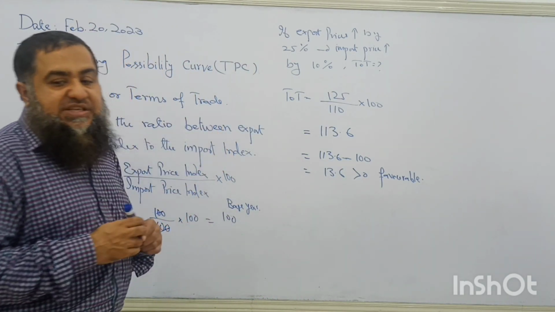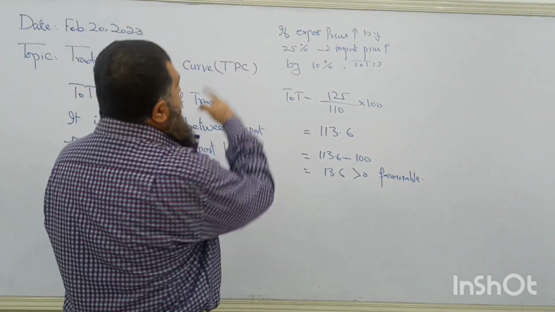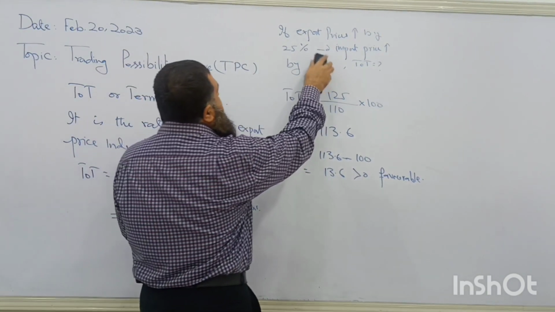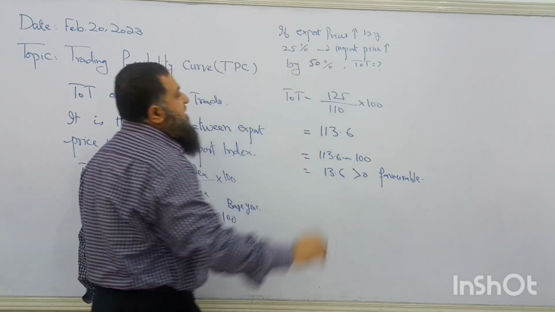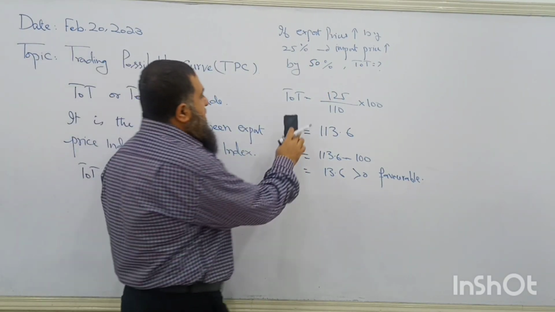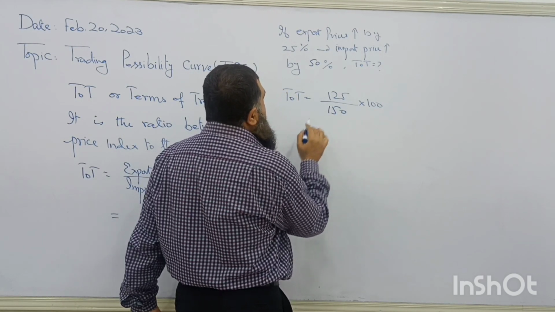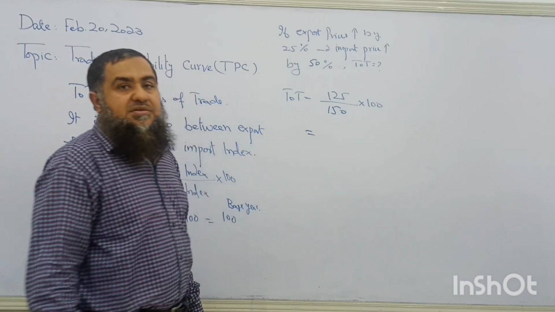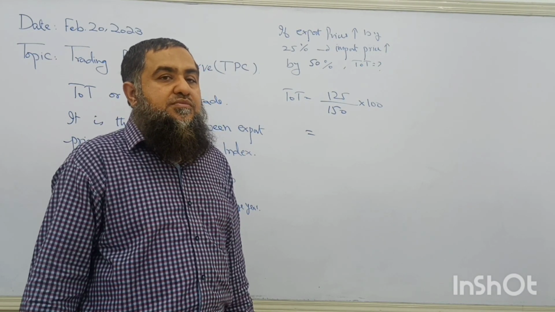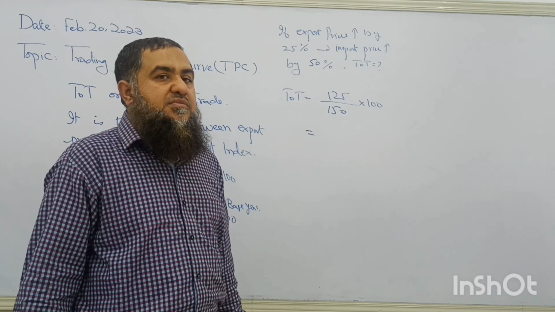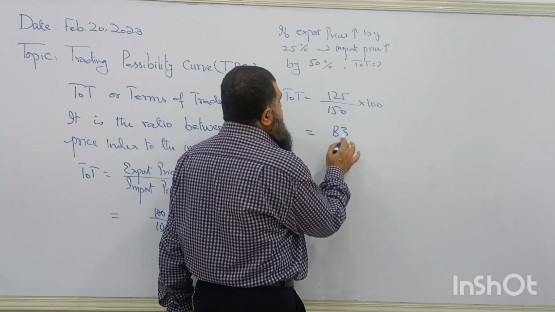Now take another example. If export prices increase by 25%, but import prices increase by 50%, now what will be the value of terms of trade? Now it is 150. What is the answer? 83.3, I think.